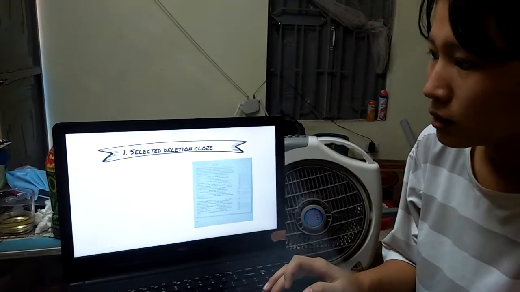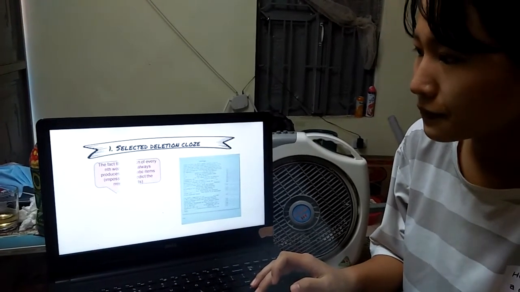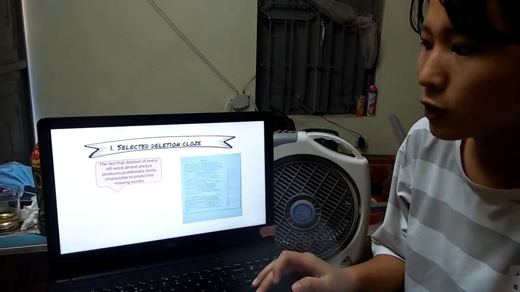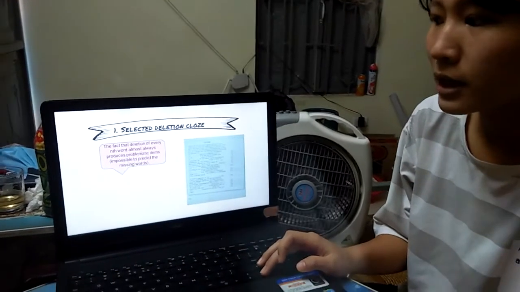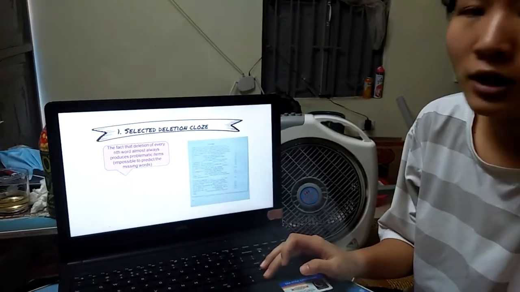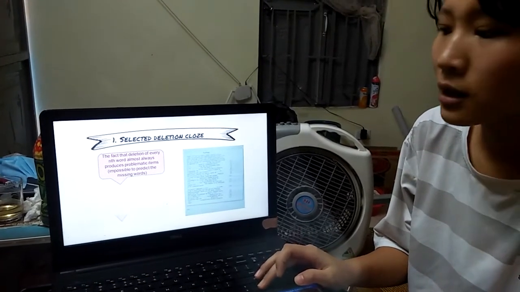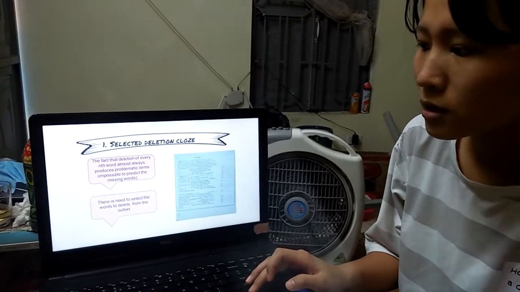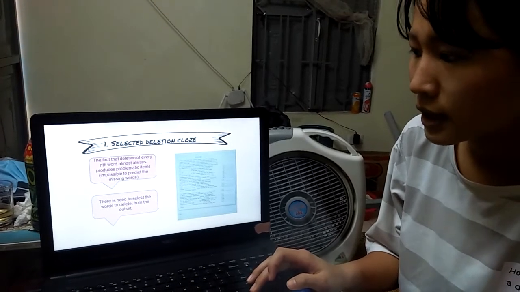Selected deletion cloze. In fact, deletion of every nth word almost always produces problematic items. It is impossible to predict the missing word. They need to select the words to delete from the outset.